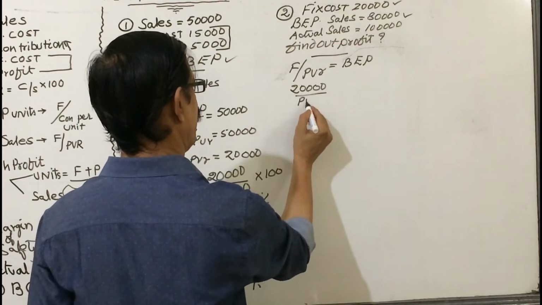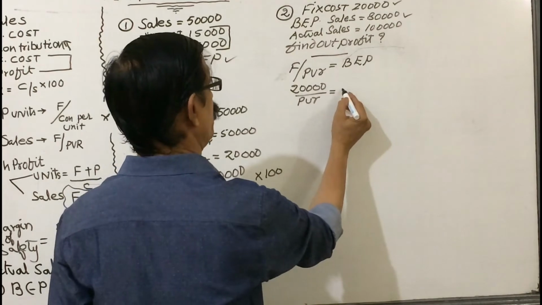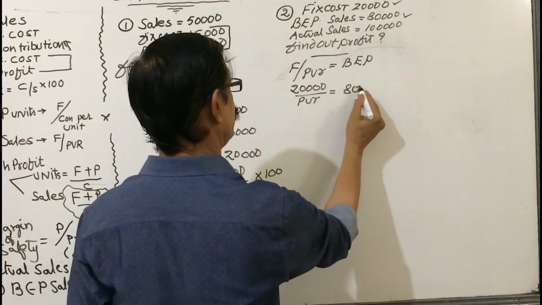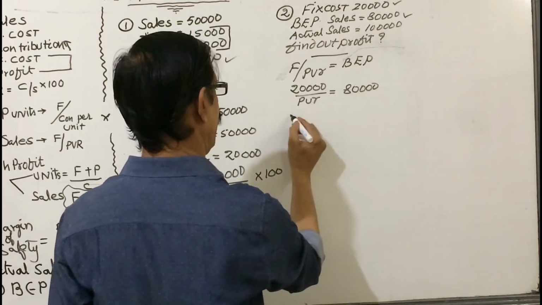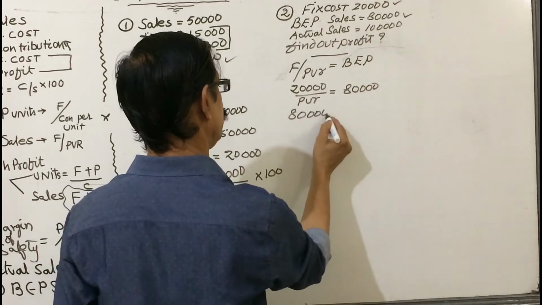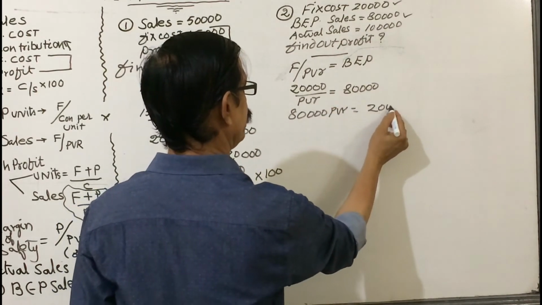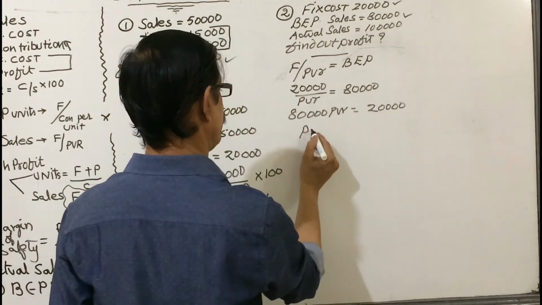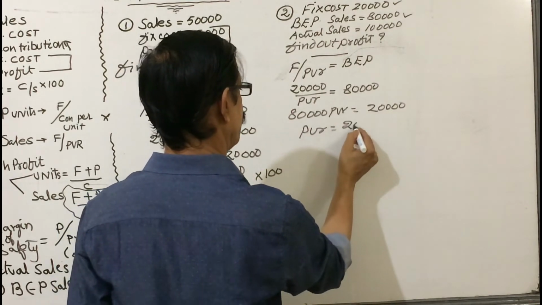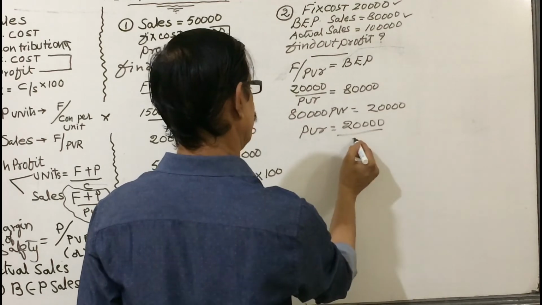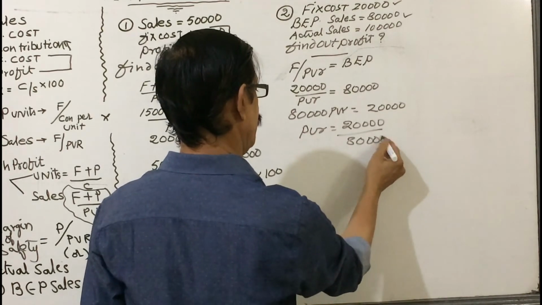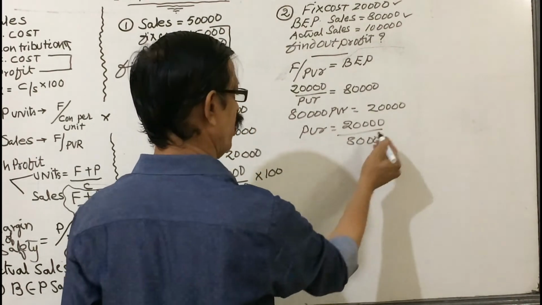I don't know PVR, but I know BEP sales 80,000. So PVR is equal to 20,000 divided by 80,000, that is equal to 1 by 4.